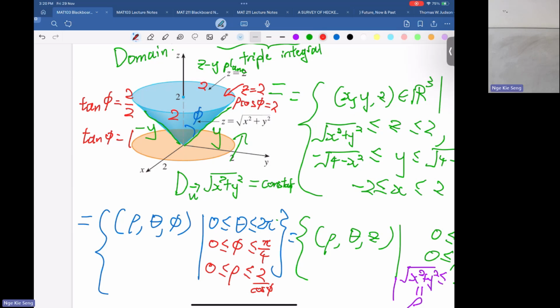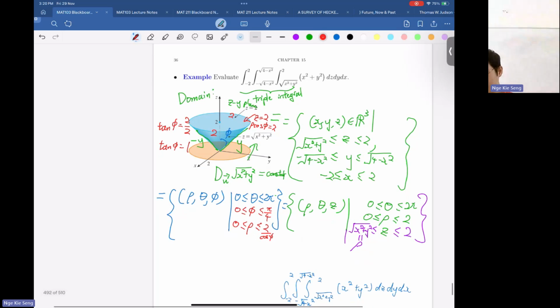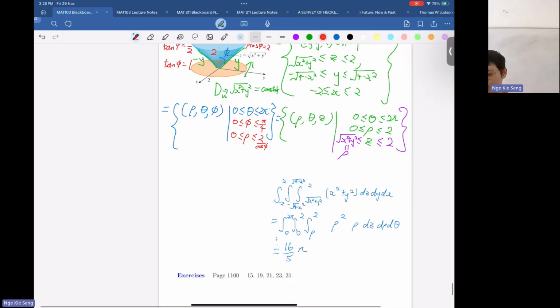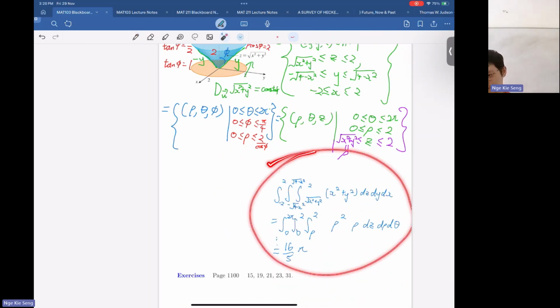什么叫另外一个 method？现在有没有错？One way to check, right? If you are a bit skeptical, go and compute this in terms of spherical coordinate.